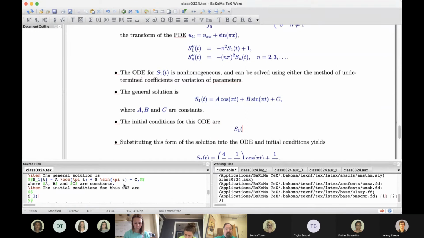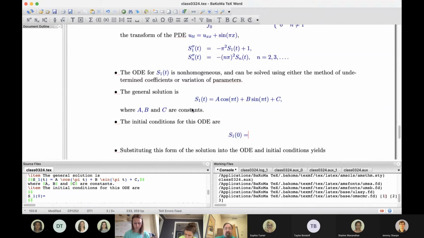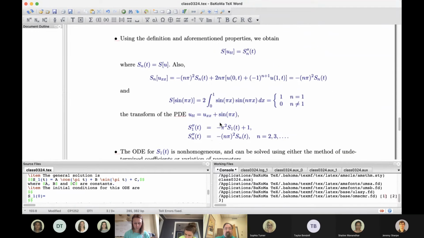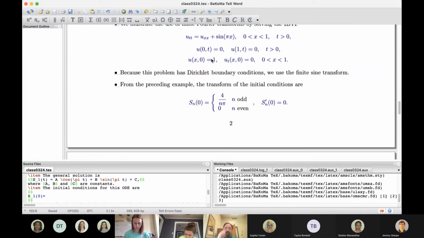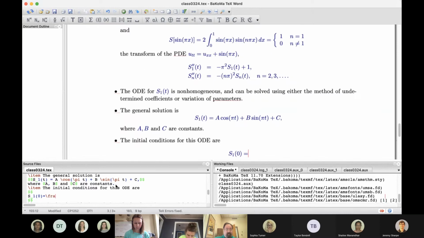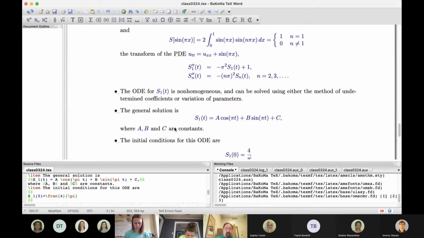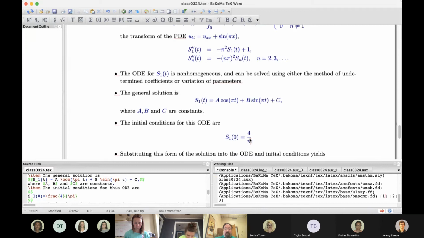S1 of 0 comes from the finite sine transform of u of x0. Well, we have that here. For a case of n equals 1, it would be 4 over pi. So 4 over pi is the initial value for S1.